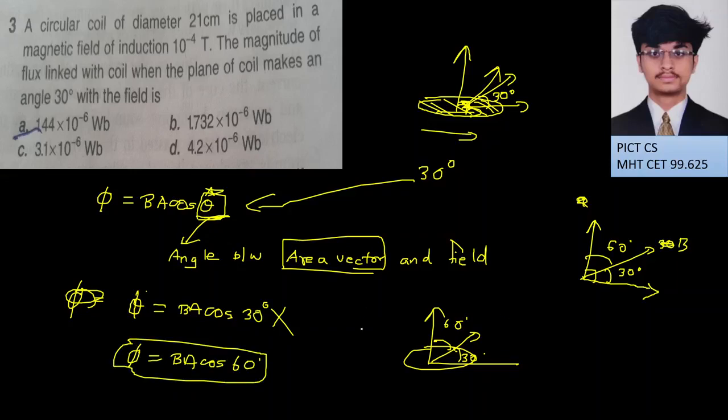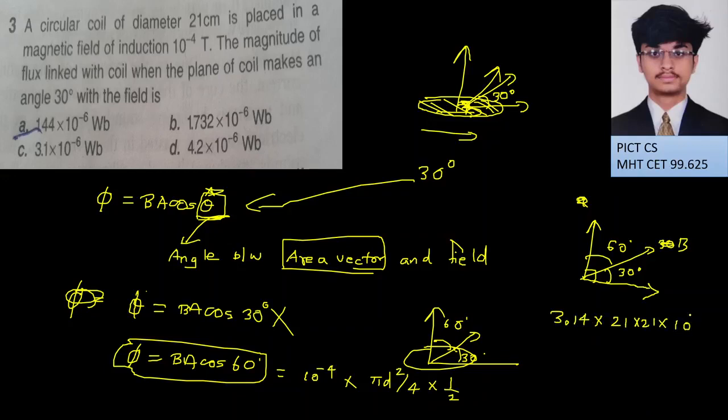What theta is, is basically important in this question. Else it is calculation remaining. So what's B given? It's 10 raised to minus 4. And what's the area? The diameter is given, so it's pi d square by 4. And what's cos 60? It's half. So the rest is just calculation. Pi we have 3.14, into d square, it's 21 into 21, in centimeters, right?